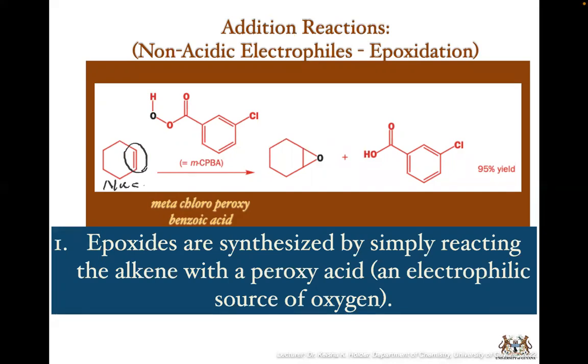And it would therefore mean that the reagent that the alkene comes in contact with will be the electron sink. In this case, that electrophile comes in the form of a molecule known as MCPBA. MCPBA stands for metachloroperoxybenzoic acid. So let's break this down.